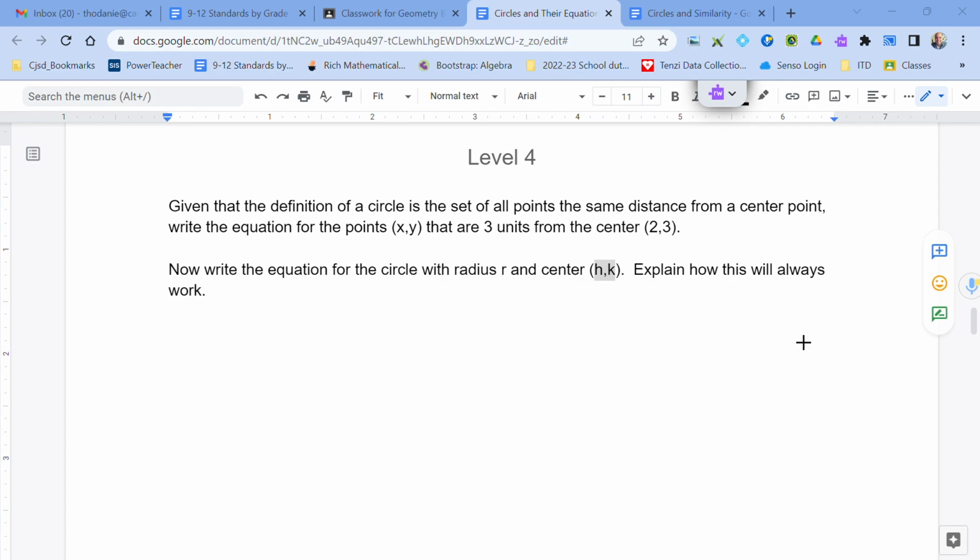The points on the circle are going to be at x, y, some generic points, and the radius of the circle will be r. So I can get the horizontal leg, x minus h, and square it, plus the vertical leg, y minus k, and square it. And that will have to be equal to the radius squared. There's my formula for a circle.